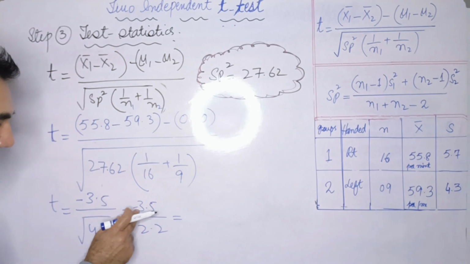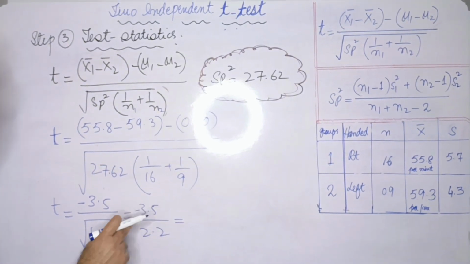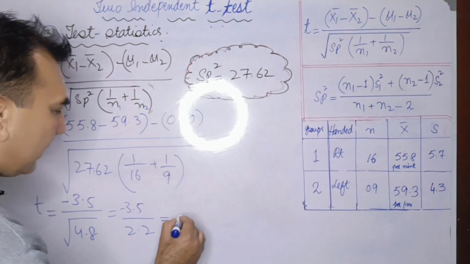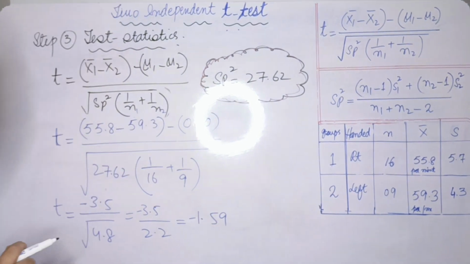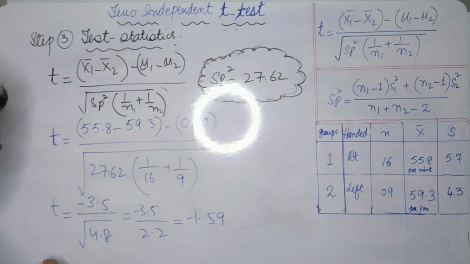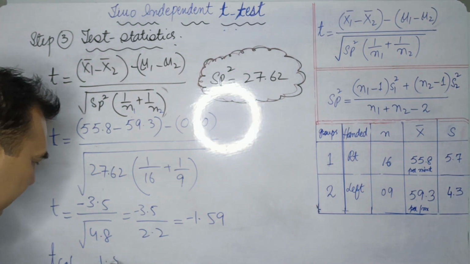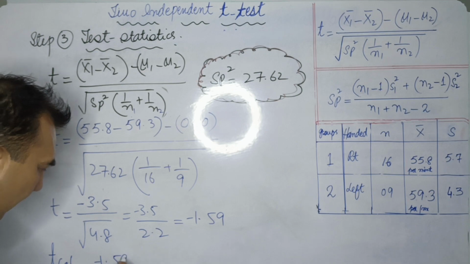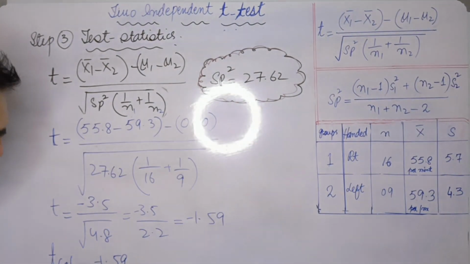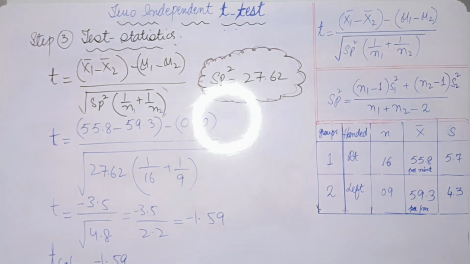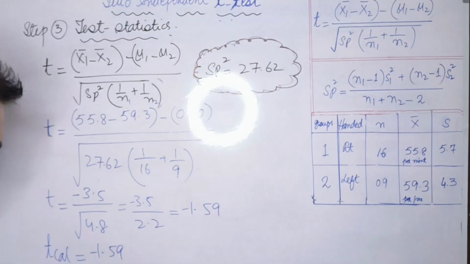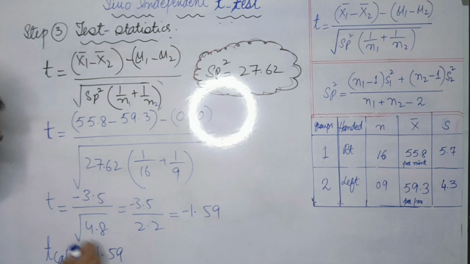Now minus 3.5 divided by 2.2 comes up with minus 1.59. So the calculated t value is minus 1.59.